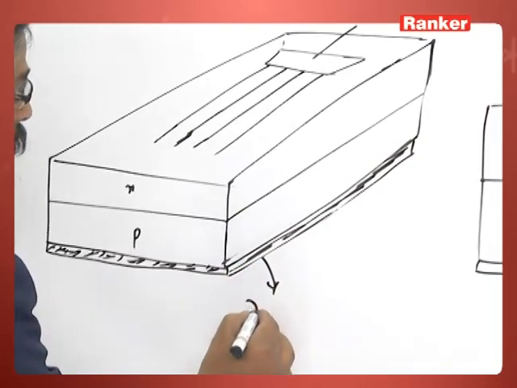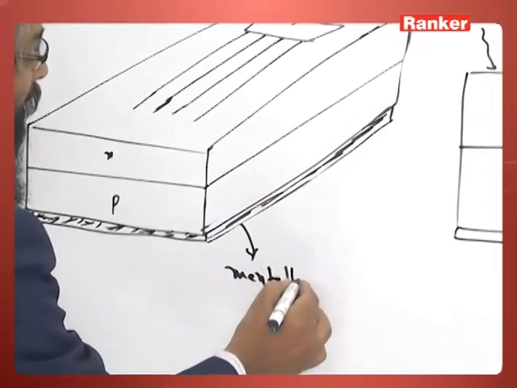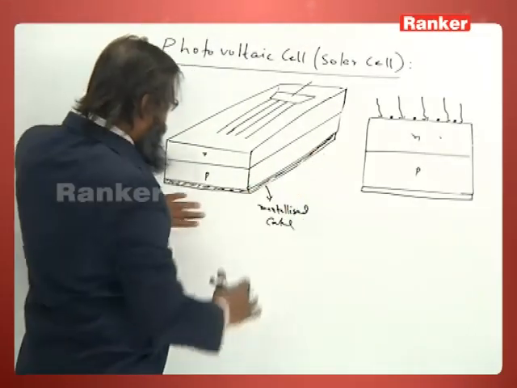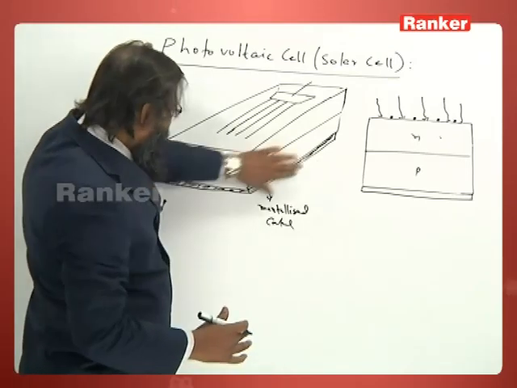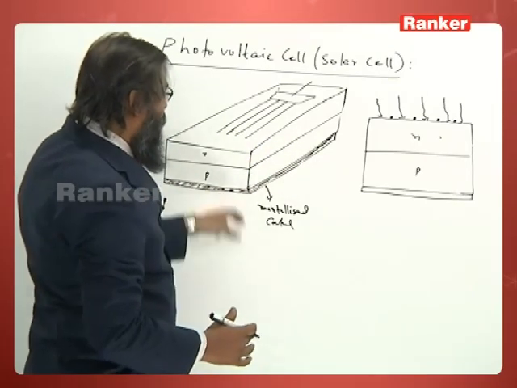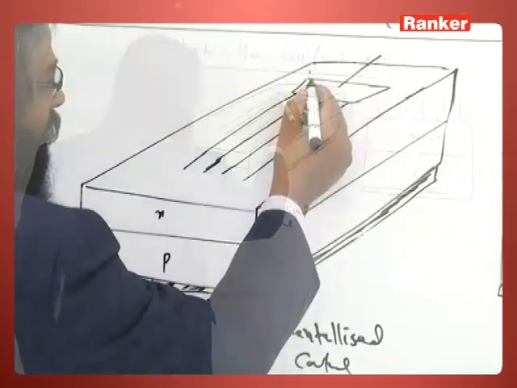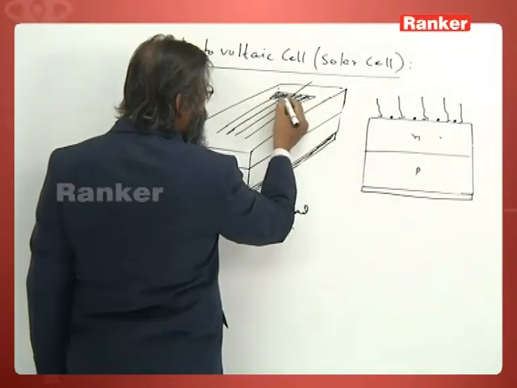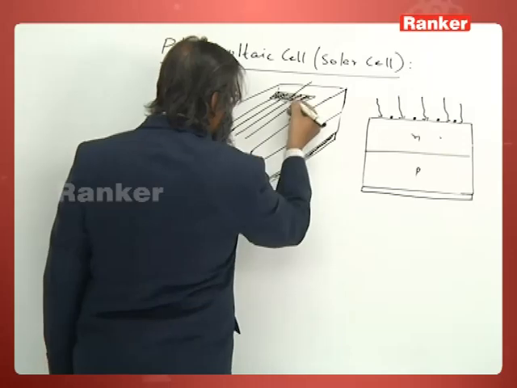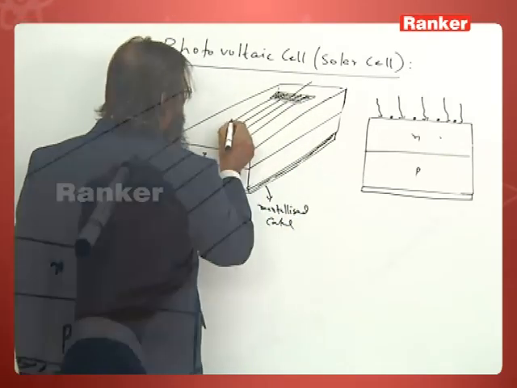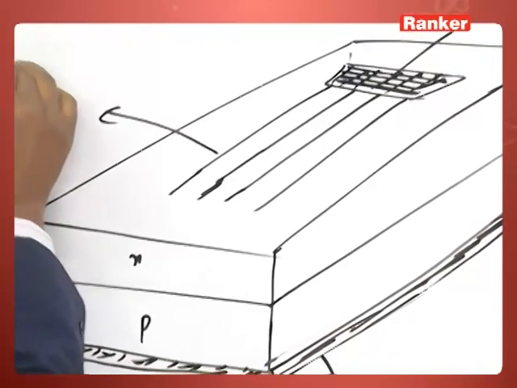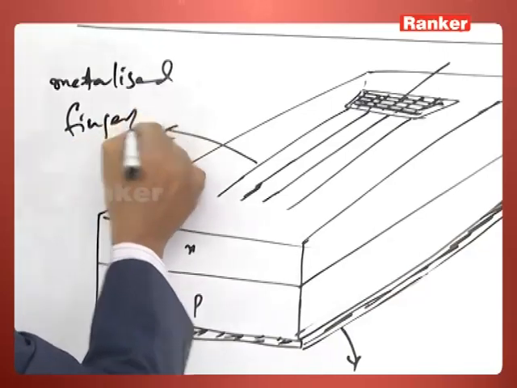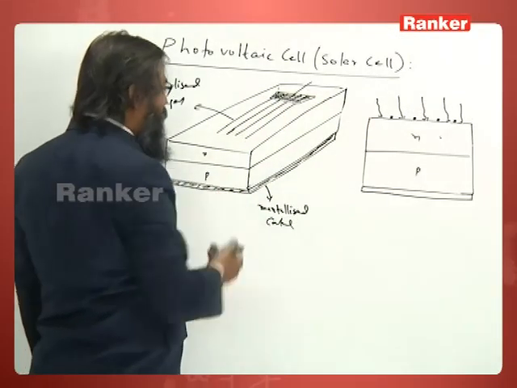So, a metal is deposited on the whole area for a contact, and here the shaded part I am shading is a metallic contact, and these are fingers, these are lines. So, these are the metallized fingers. Fingers means they are just printed fine wires like this.